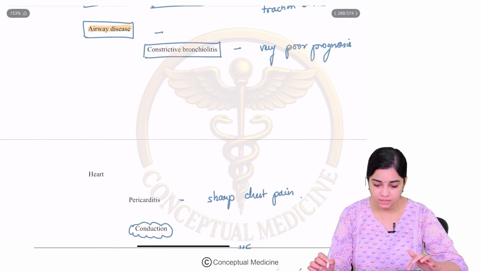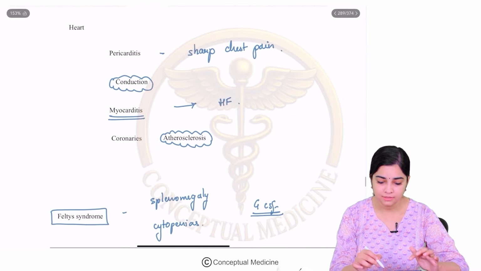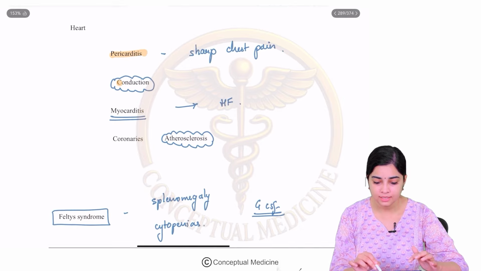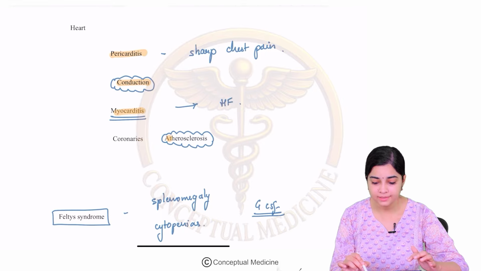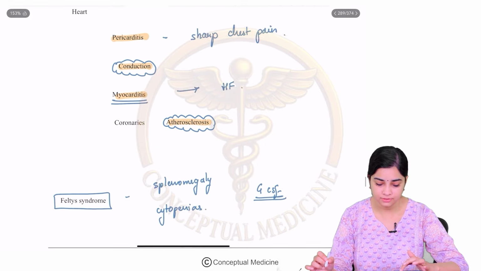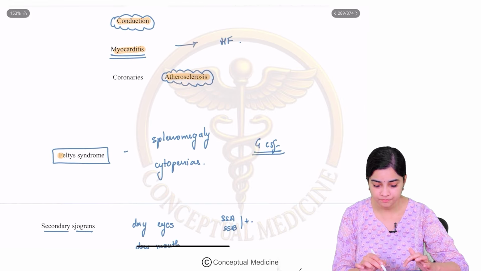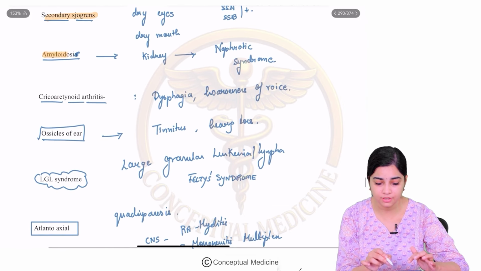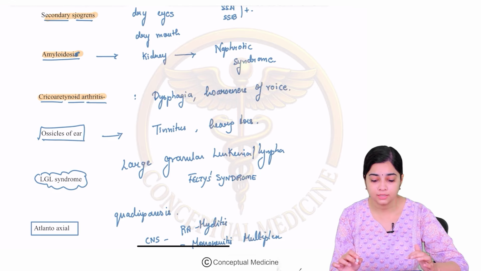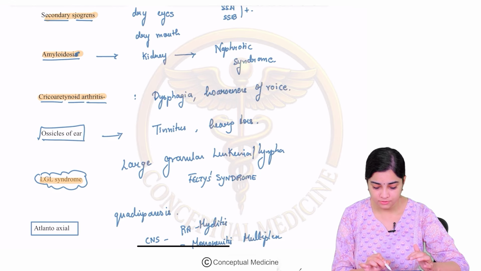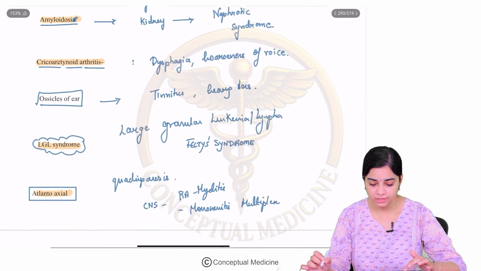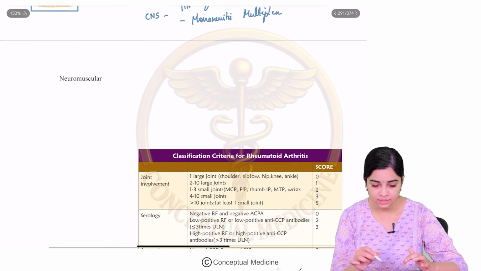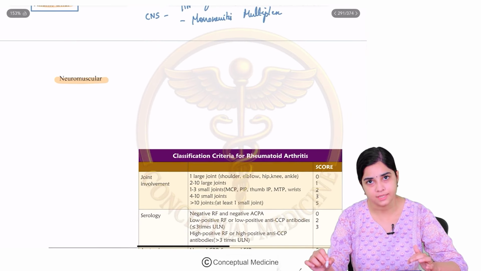Then in the heart, we have learnt about pericarditis, conduction disturbances, myocarditis, risk of early atherosclerosis, and Felty syndrome. We have learnt about Sjogren's, which is a secondary Sjogren's disease, amyloidosis, cricoarytenoid arthritis, LGL syndrome, atlantoaxial dislocation, and the neuromuscular manifestations as well.